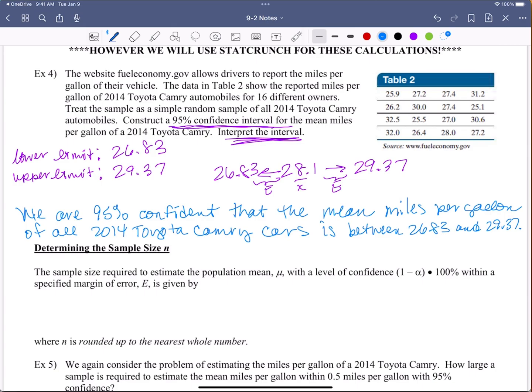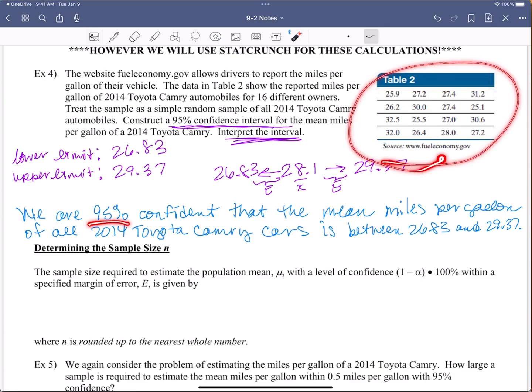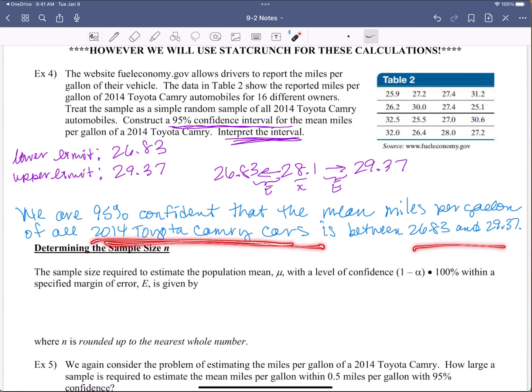So this is that estimate, right? That's the whole title of this section: we're going to estimate the population mean. So we're saying based on this sample that we have here, we are 95% confident that all of these cars are going to be between here.